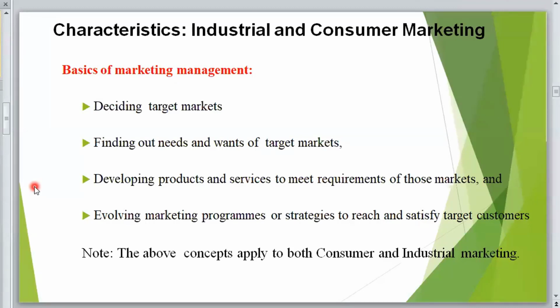Finding out needs and wants of the target. What are the needs of an industrial customer? The need: production, for profit, for facilitation, to solve problems and so on.